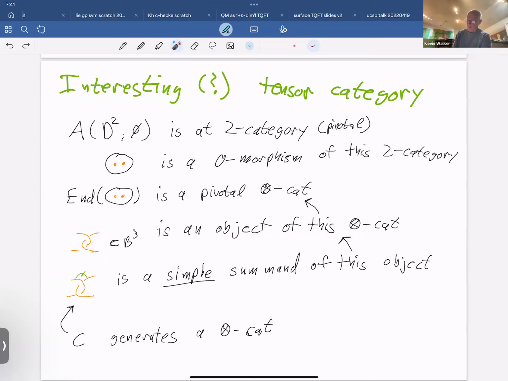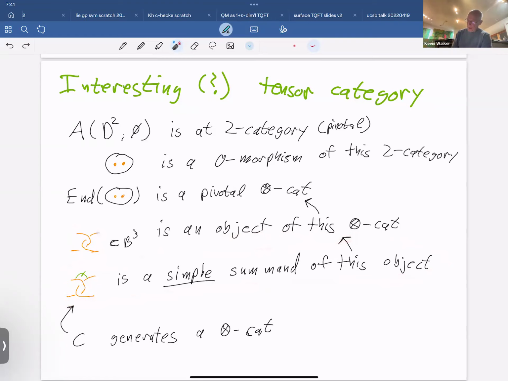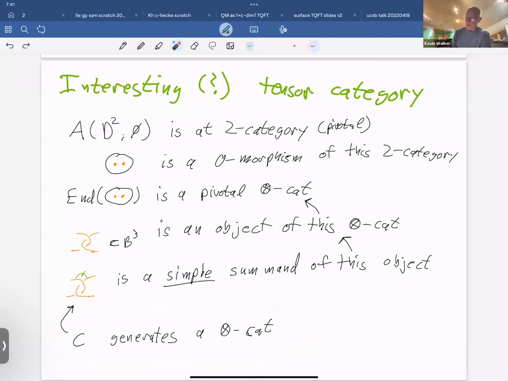It's the tensor unit direct sum a different object. This green thing I've drawn means I'm orthogonalizing with respect to the tensor unit, and now we get a simple summand. Then we can ask, what tensor category does this generate? What are the dimensions of this Hom space? Is it something exotic like Deligne's Rep S_t?